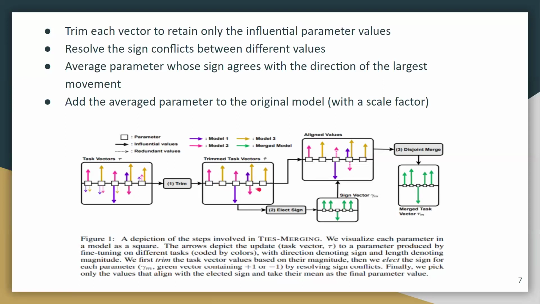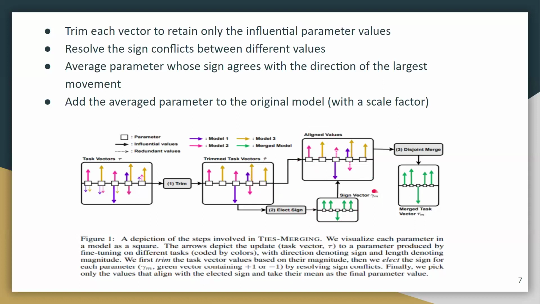If in the second step, when we elect the sign, we always choose the value with the highest magnitude, then why do we need to keep these three in the first step? The first step is just a trim. In the second step they are electing the sign. Okay, fine, go ahead. Maybe there's something more.